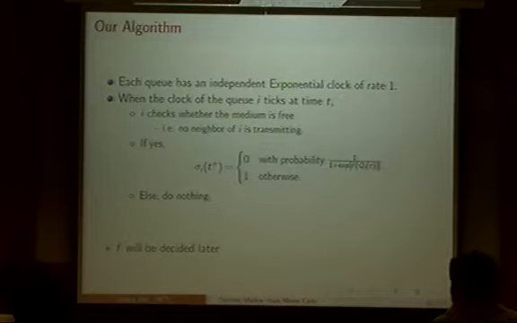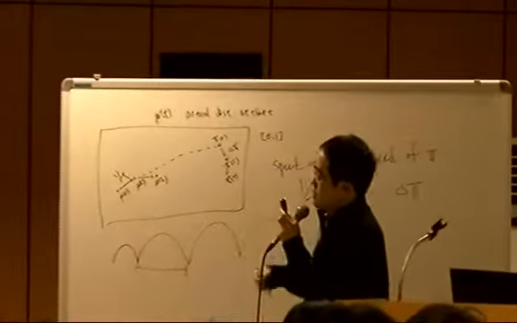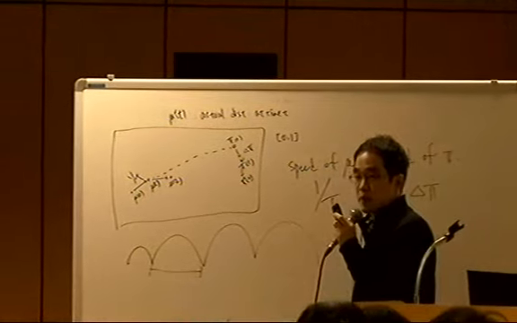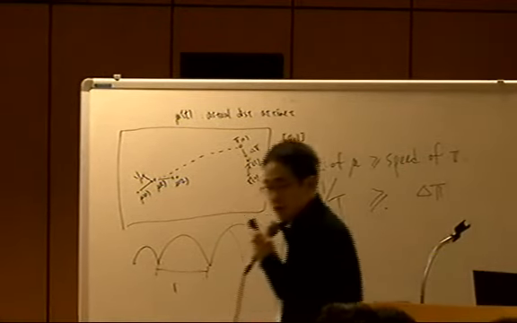It means that the clock ticks in a random sense. The interval between two consecutive ticks is distributed as an exponential random variable with mean 1.